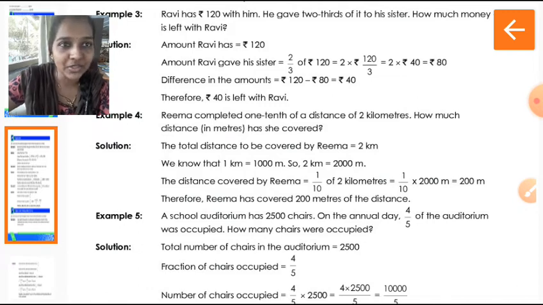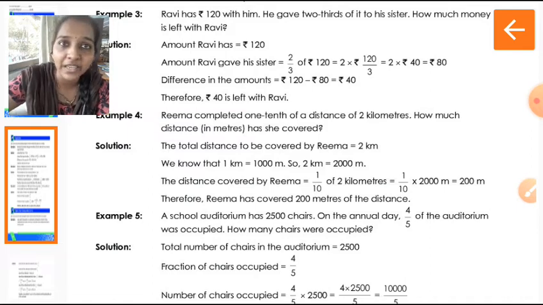So children, here the distance is 2 kilometers, and she completed 1/10 of 2 kilometers. So you have to find exactly how much distance she covered. How can we find it? Yes, you have to take 1/10 of 2 kilometers and, since it is asked in meters, convert it into meters.